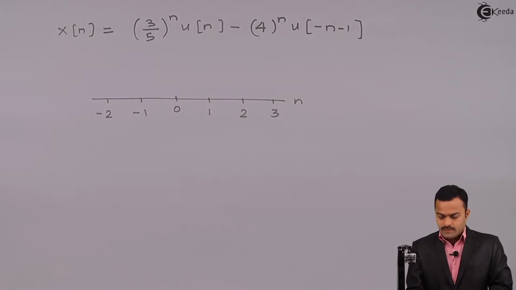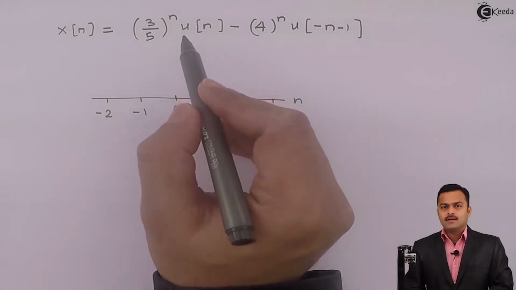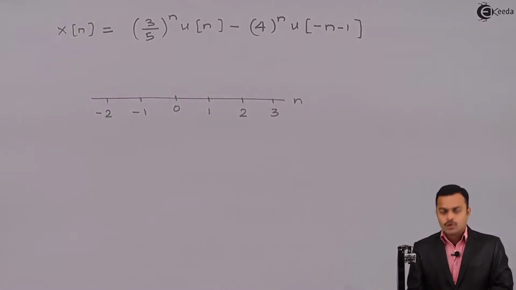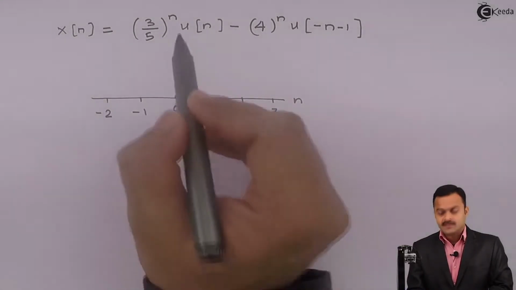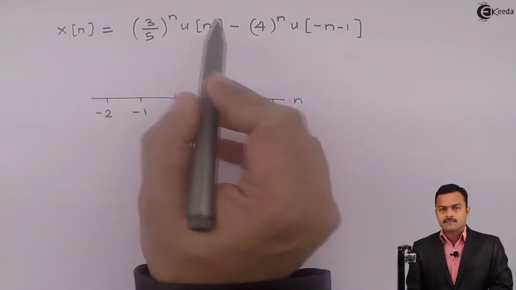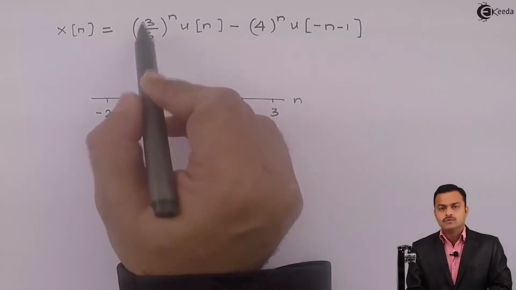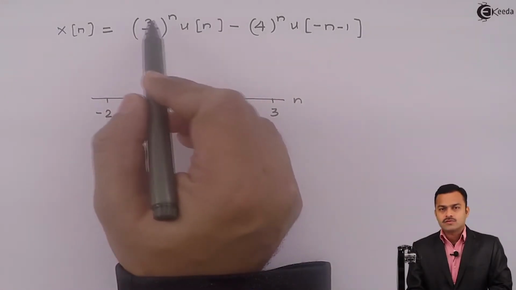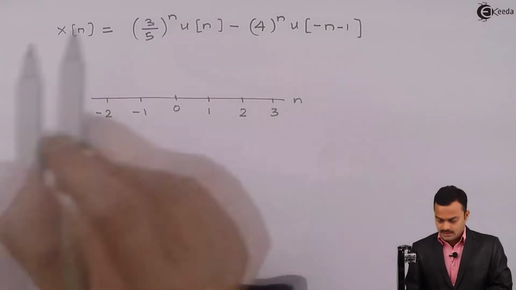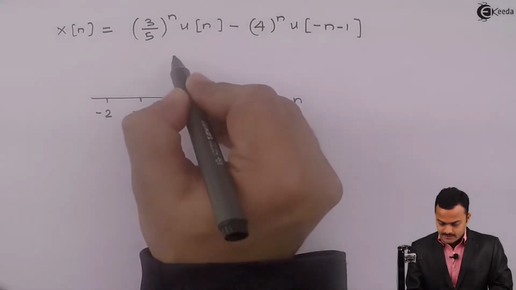Whenever I say u of n is there, u of n exists from 0 to infinity. So at that time this sequence exists. For n equal to 0, this has the value (3/5) raised to 0, which is 1. So I will get a signal like this.